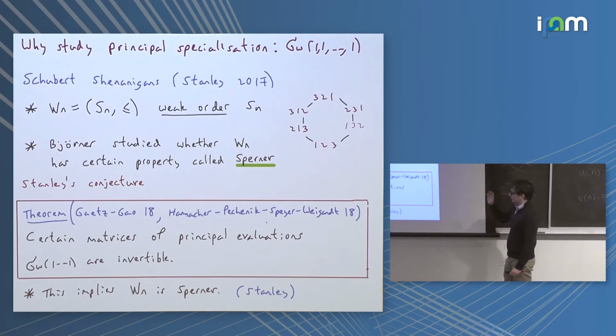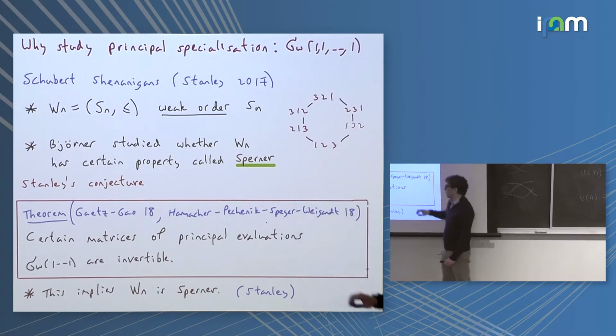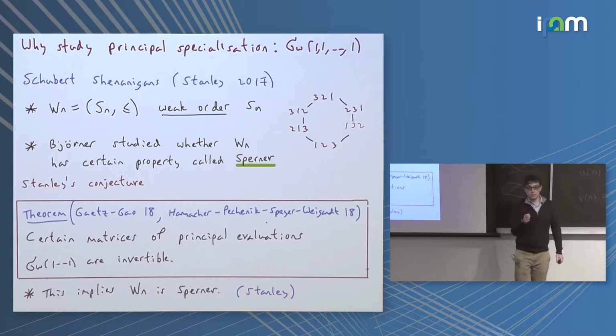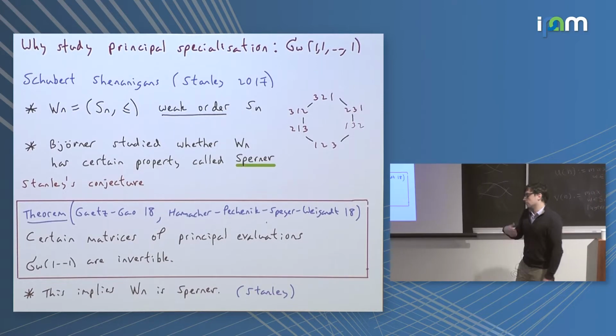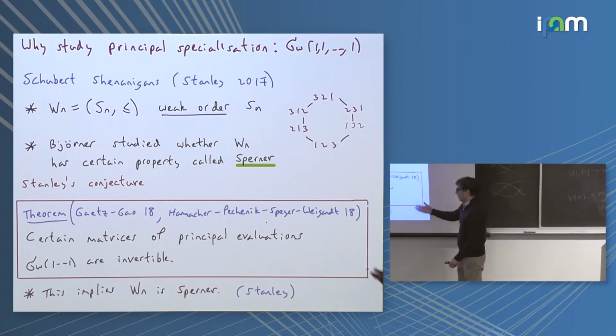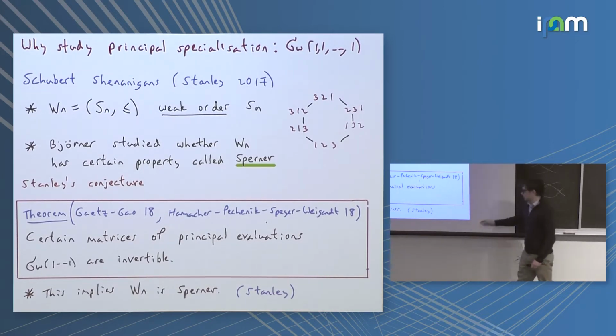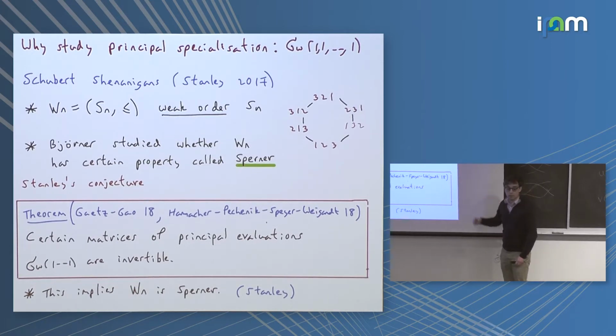And Stanley phrased the problem of proving this property of this poset by showing that a certain matrix of the principal specializations was invertible. Moreover, it had a really pretty determinant. And if you prove that, then it implied that property.